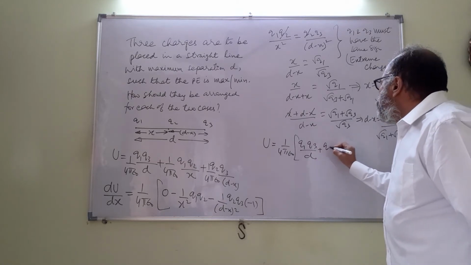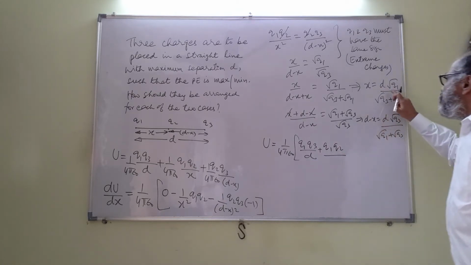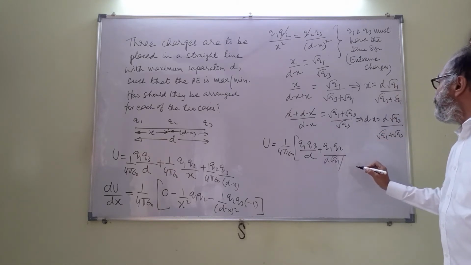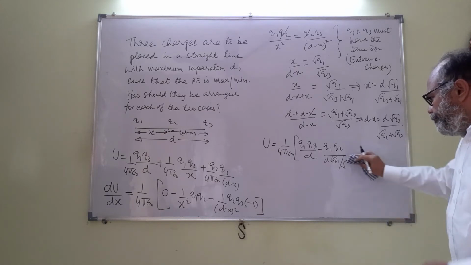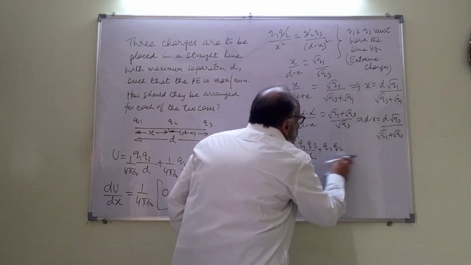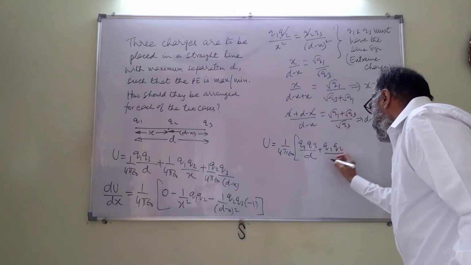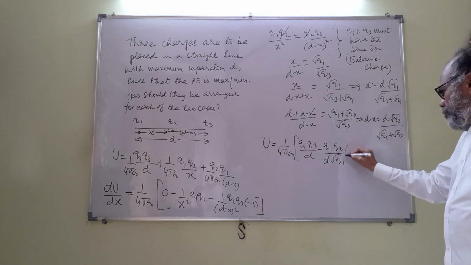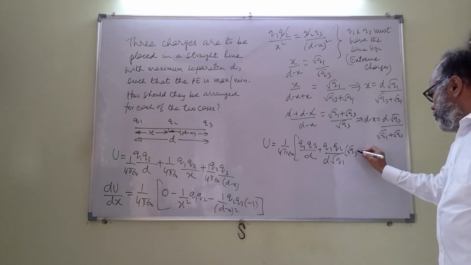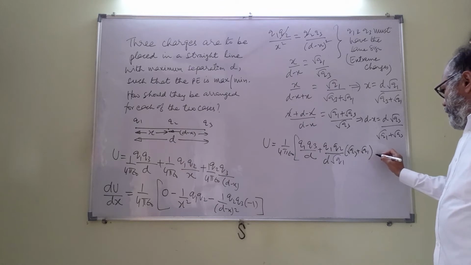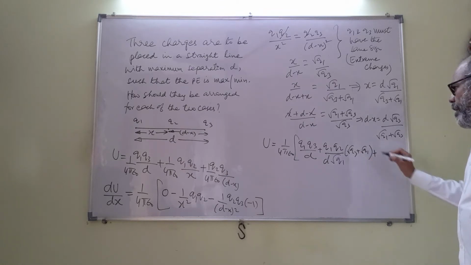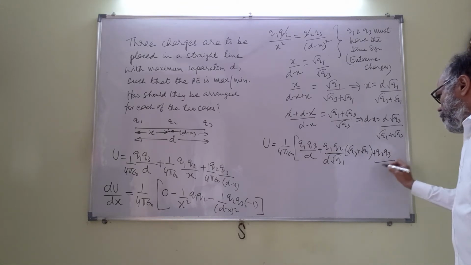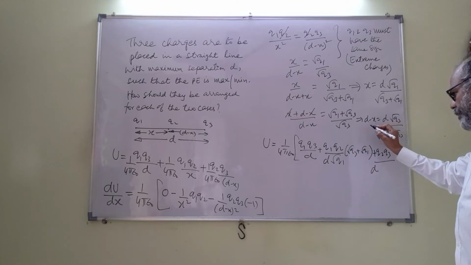Instead of x I put d root Q1 by root Q3 plus root Q1, and here you will have plus Q2 Q3 by d minus x.